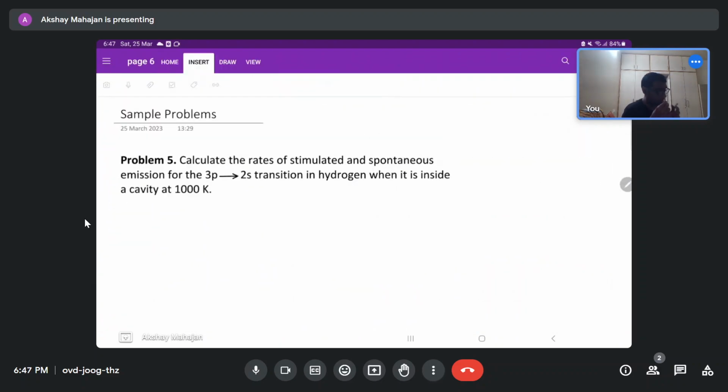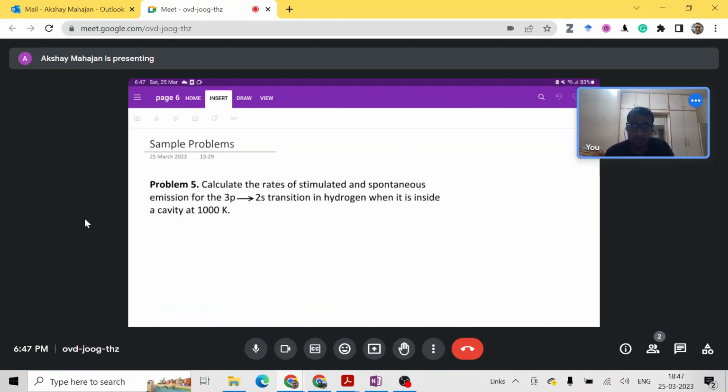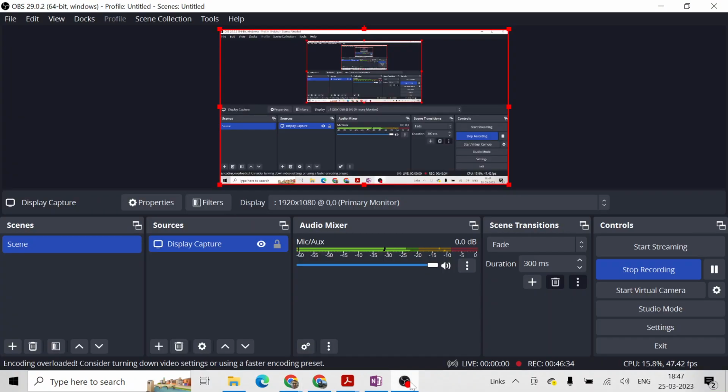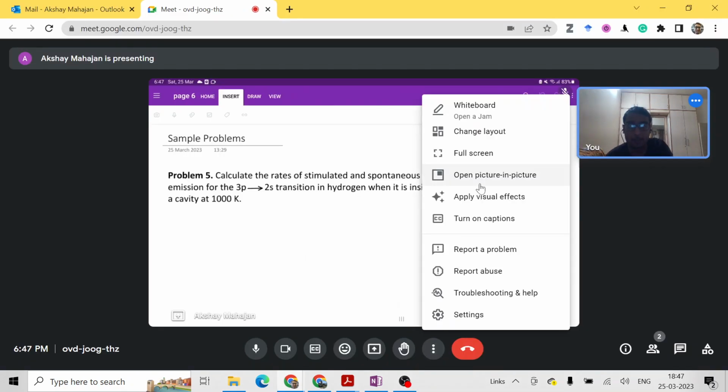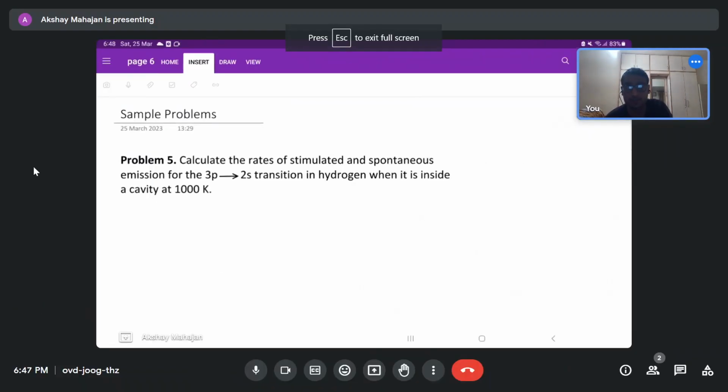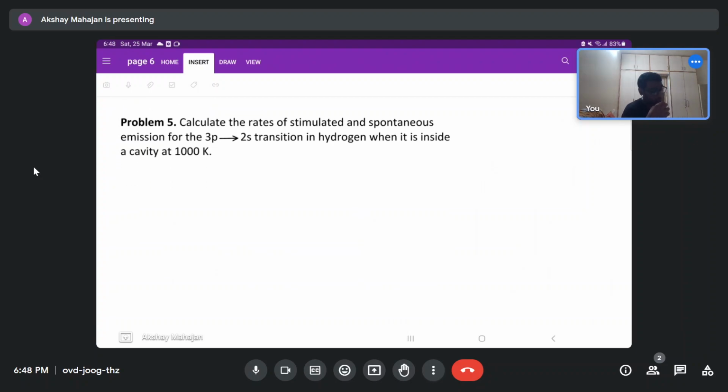Now our next problem, problem number 5. We have to calculate the rates of stimulated and spontaneous emission for the 3p to 2s transition in hydrogen when it is inside a cavity at 1000 Kelvin.